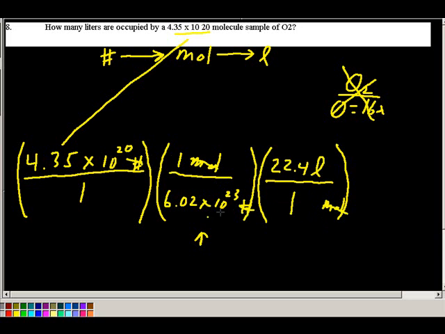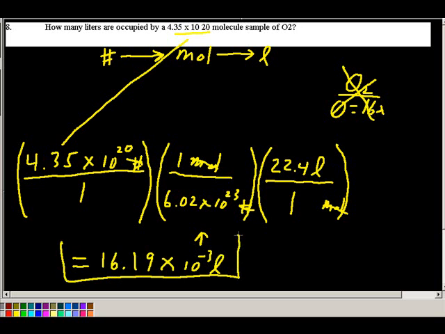If we now crunch out the numbers, the video is going a bit long, so I'll go straight to it. If you punch out the numbers, you're going to get 16.19 times 10 to the minus third liters. Does this make sense?